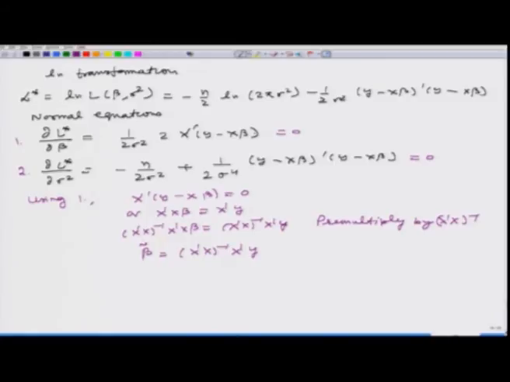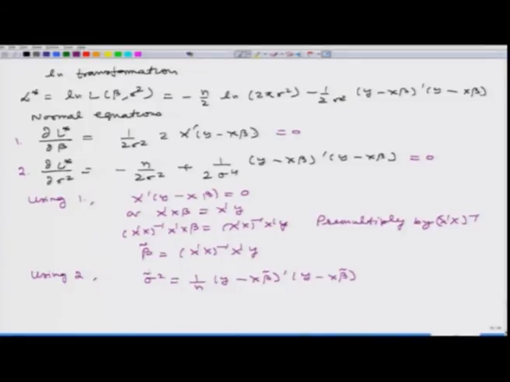And similarly, when I use the second equation, we obtain the value of sigma square equal to 1 over n (y minus x beta) transpose (y minus x beta). Obviously, this cannot be obtained because beta here is unknown. So, in this case we replace beta by beta tilde, and this gives us the maximum likelihood estimator of sigma square.